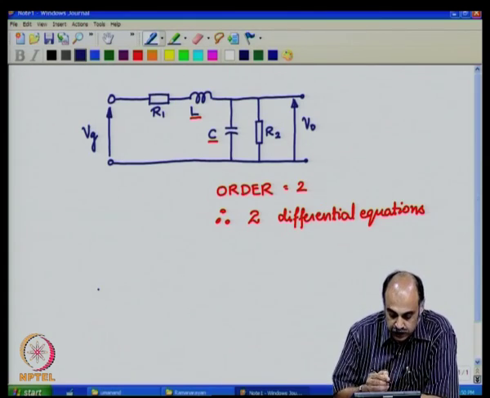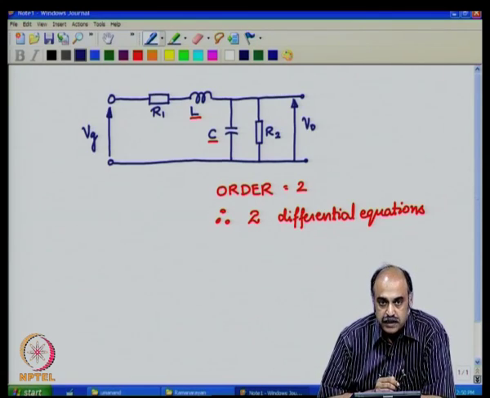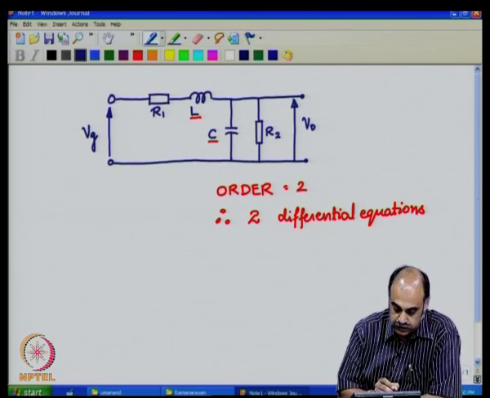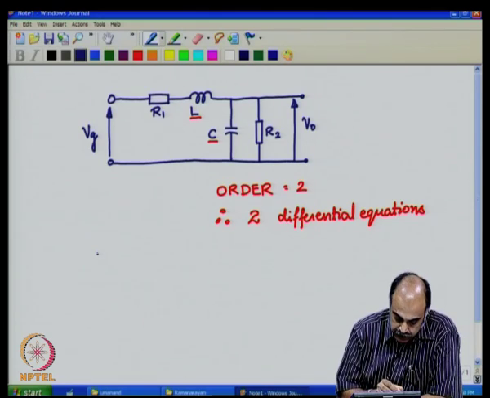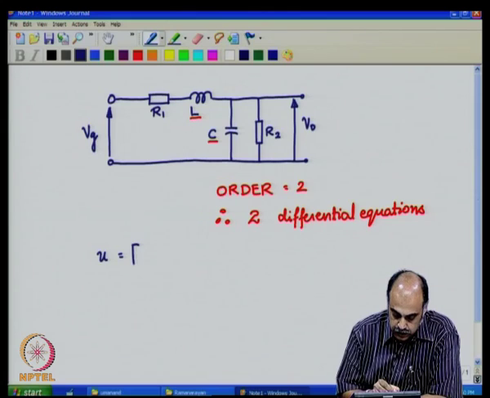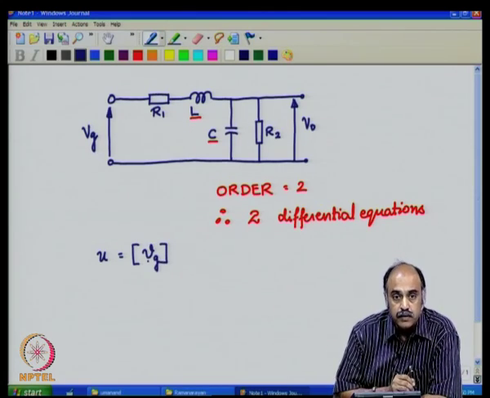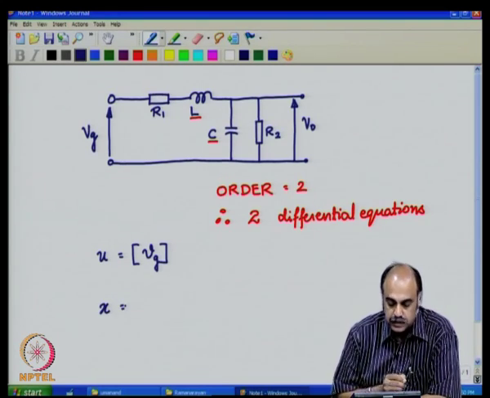I am going to do it in a continuous manner, but the process will follow the steps as enlisted in the last class. Now, the variable list. So, let us say the input variable U is nothing but Vg, the states. What are the states of the system?